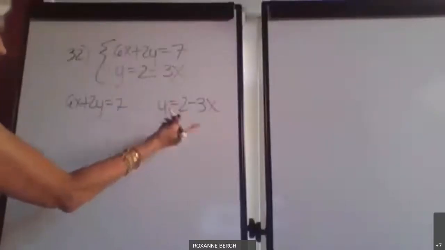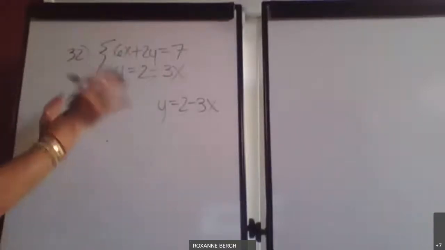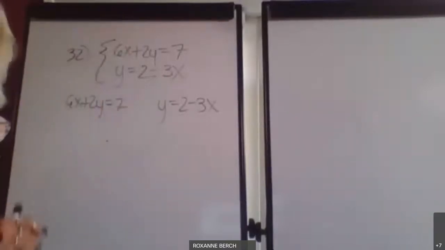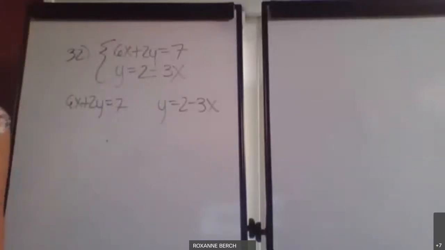The easiest variable is already solved in terms of x. So you do want to use substitution. Go ahead and give me an answer of infinite solutions or no solutions, and put a in the chat when you're done.